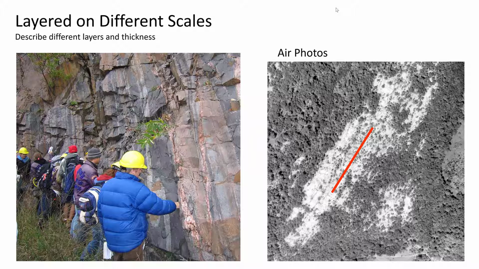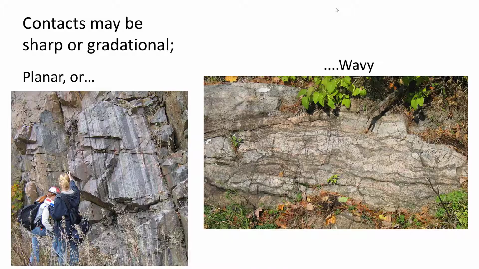You can also see layers on air photos. On the right, the photo is at a scale of hundreds of meters, and you can see a distinct trend line of the foliation that's captured in the photo of this outcrop. We can have contacts that are sharp or gradational between layers, and they can be planar, as shown on the left, or wavy, as shown on the right.